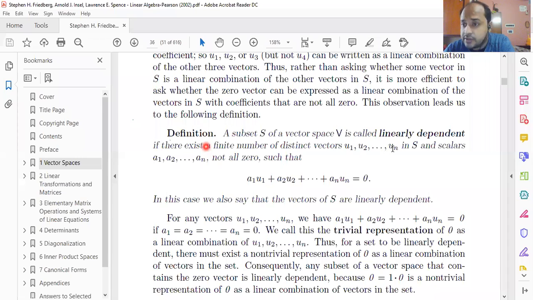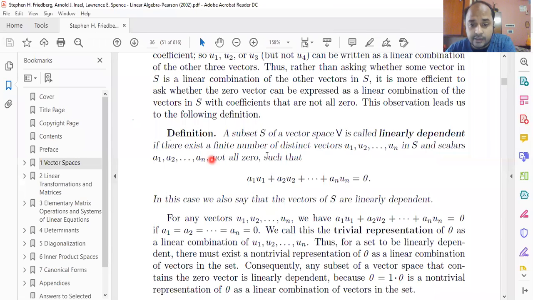All these vectors are distinct from one another; you cannot consider that some of the vectors are the same. We have to consider a finite number of vectors in the set S, and scalars A1, A2, ..., AN.